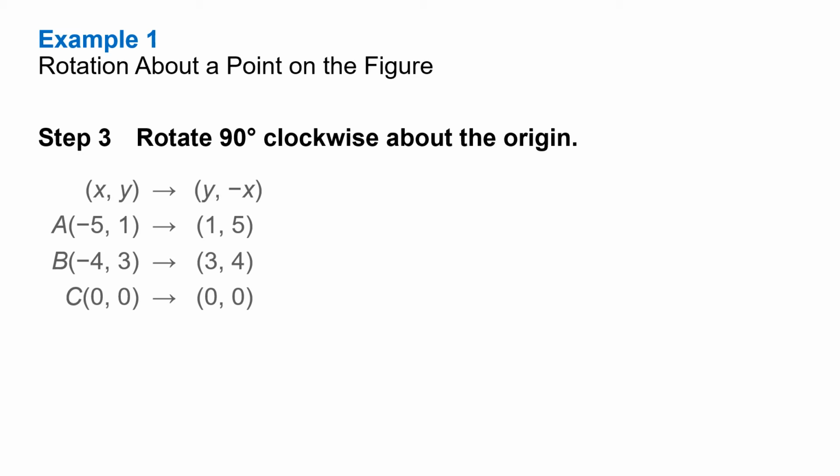B is now located at 3, 4, because we swapped the x and y coordinates and we took the opposite sign of our x coordinate. And 0, 0 is still the same because that is our center of rotation.